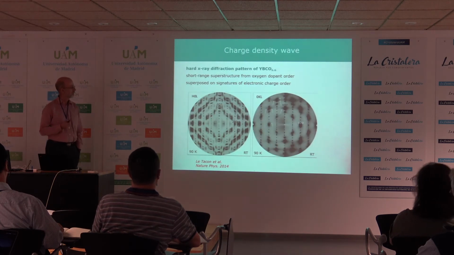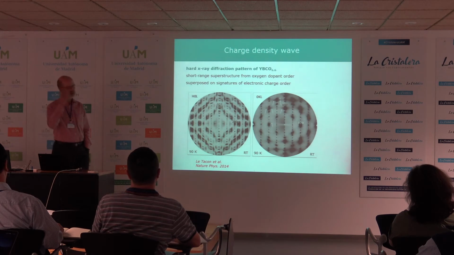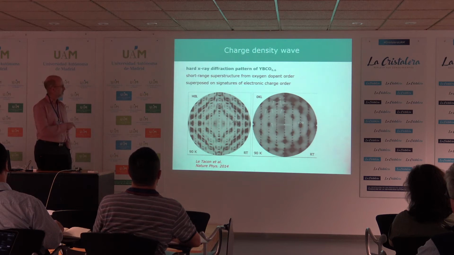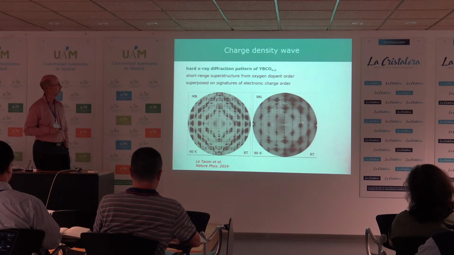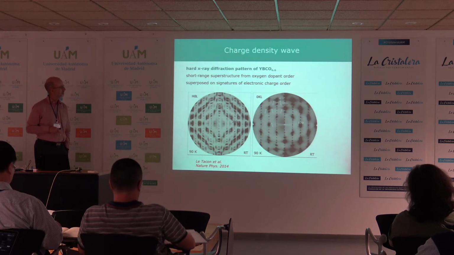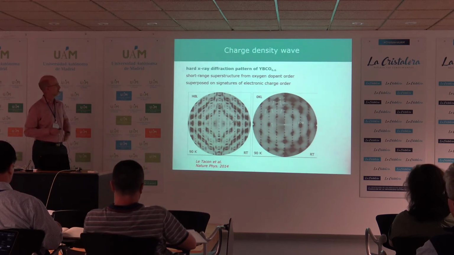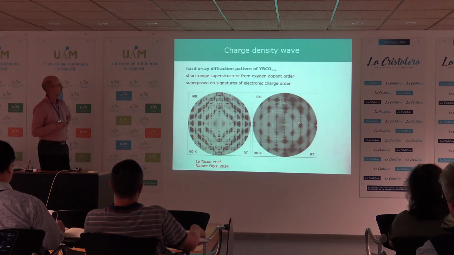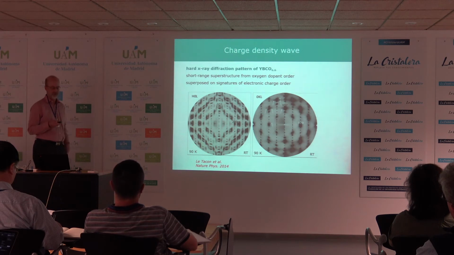Okay, so this is a manifestation of particularly minimal disorder. Okay, but even in this system, let me just show you this picture of reciprocal space that we published with Mathieu 5 years ago. Where you see that even in this very clean system, reciprocal space is full of diffuse scattering from oxygen disorder. Right?